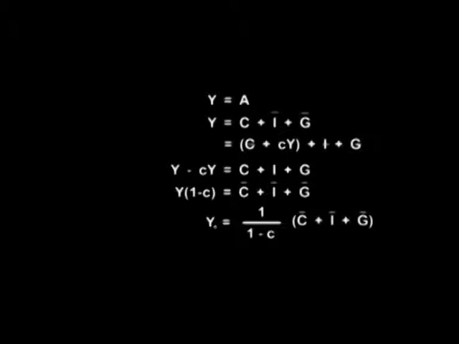And we're left with a familiar element of the multiplier times autonomous expenditure, which now includes government. So the equilibrium level of income is equal to the multiplier times total autonomous spending. Total autonomous spending is made up of autonomous consumption spending, investment spending, and government spending.